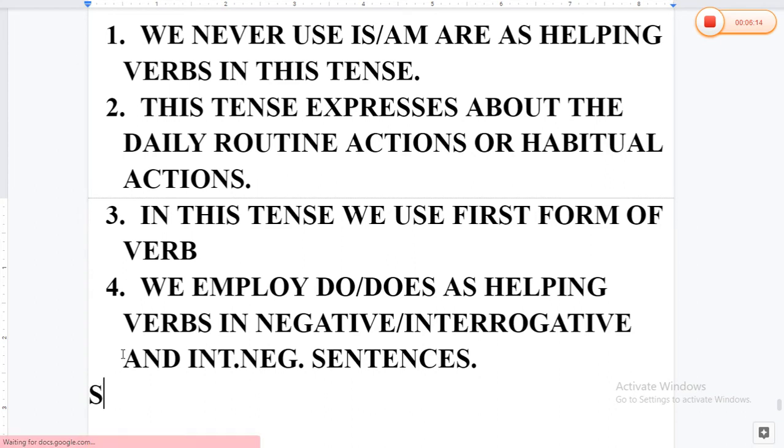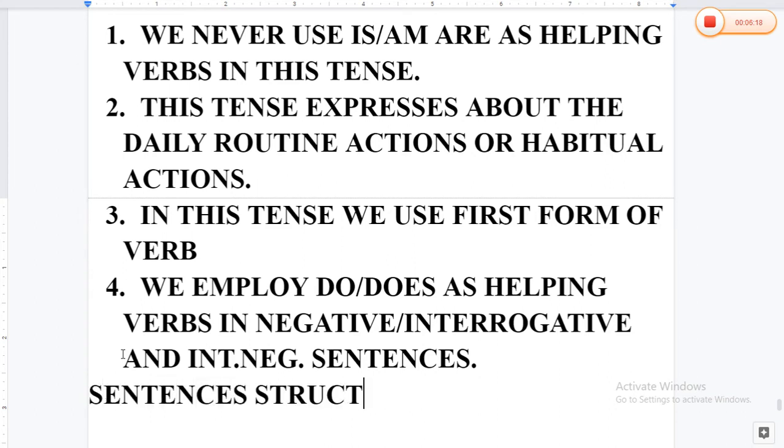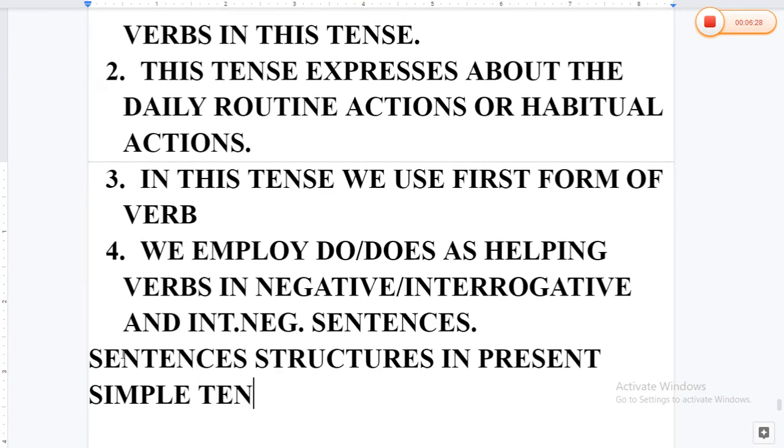Now see the sentence structures in present simple tense.